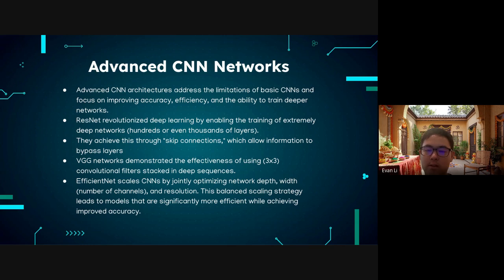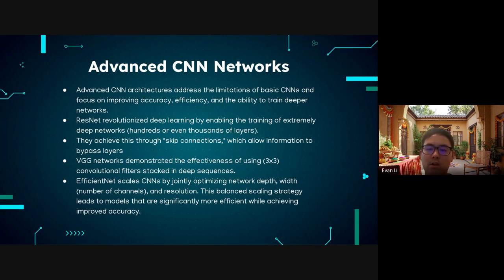By carefully balancing the scaling of these three dimensions according to a principled strategy, EfficientNet achieves remarkable efficiency. EfficientNet models are also significantly more parameter efficient and computationally less demanding than many earlier architectures, while simultaneously achieving state-of-the-art or near state-of-the-art accuracy on various image recognition benchmarks.